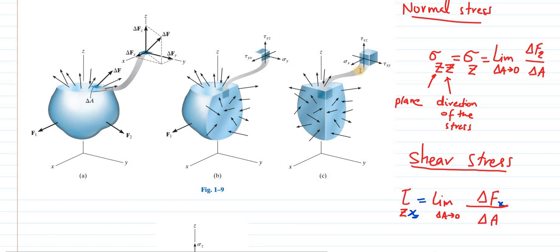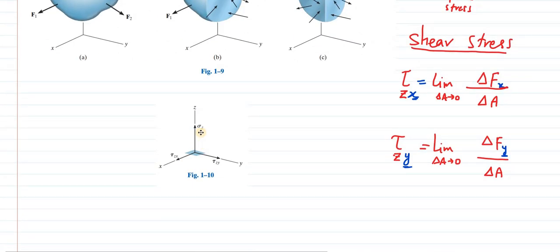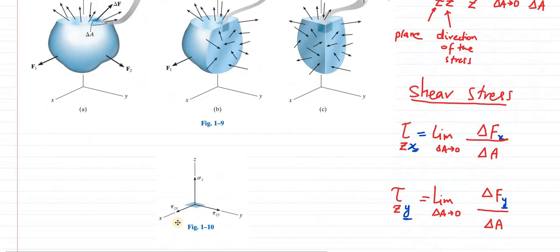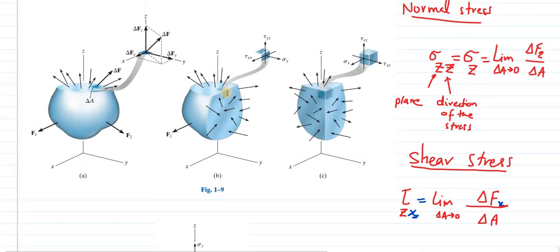So far we have considered three planes. One was the z plane, and we showed that there will be three components of stresses, sigma z, tau zx, and tau zy, acting on this z plane. Similarly, on the y plane we have three components of stresses, and on the x plane we again have three components of stress. So each plane has three components of stress, one normal and two shear. Let me write this down for you.